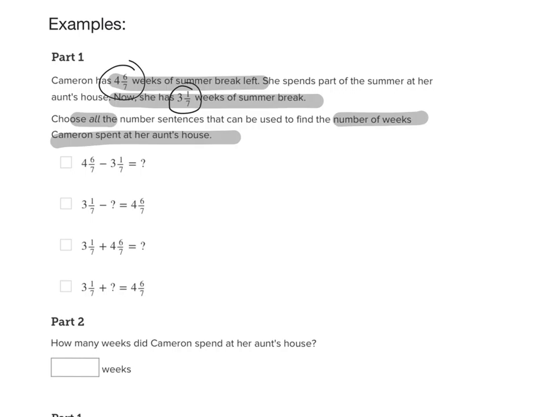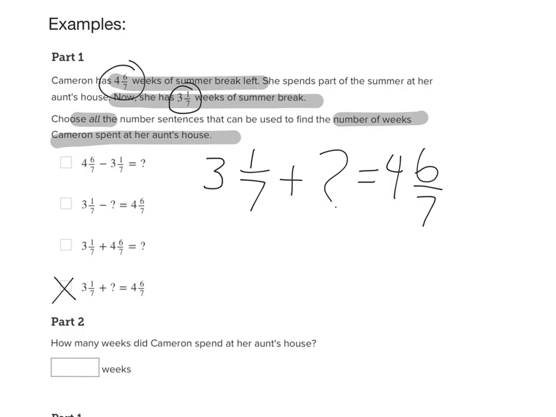So that means that the 3 1/7 that she has not spent yet, plus the amount at her aunt's house, which I have no idea, need to add up to the 4 6/7. Okay, so that is an answer choice, and I know that with addition there's also a subtraction sentence that means the same thing.